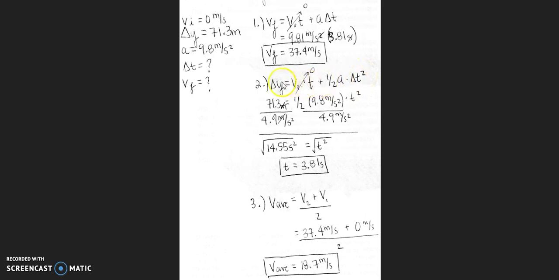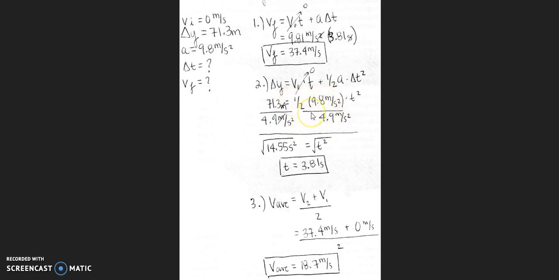We know the change in height, 71.3 meters, so plug that in, equals 1/2 times the acceleration, 9.8 meters per second squared, times t squared, which is what we were looking for. So 1/2 of 9.8 meters per second squared, or 9.8 divided by 2, is just 4.9.